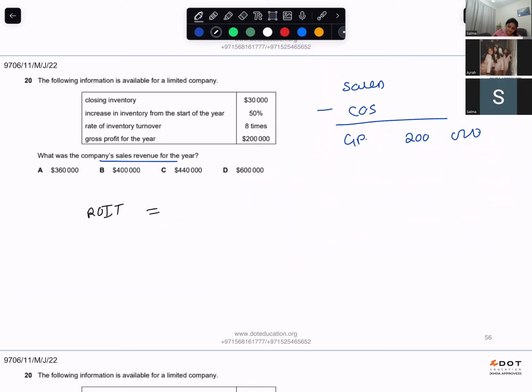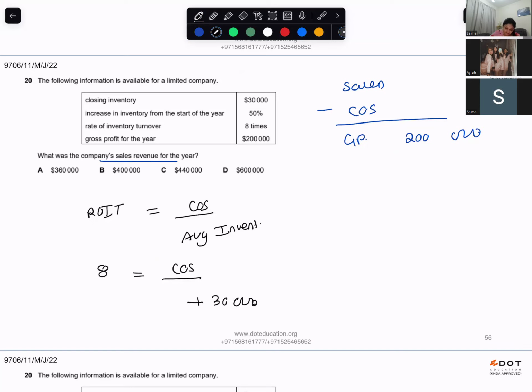The formula is cost of sales upon average inventory. Inventory turnover ratio is 8 times. I don't know my cost of sales or average inventory. But I know my closing inventory, 30,000.